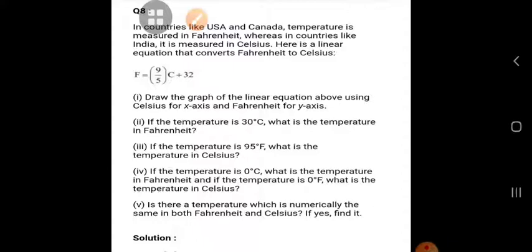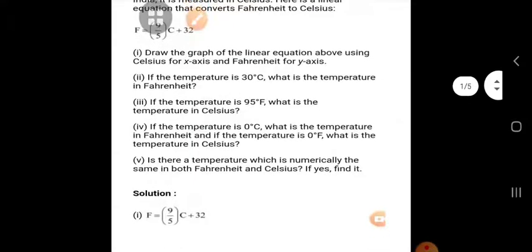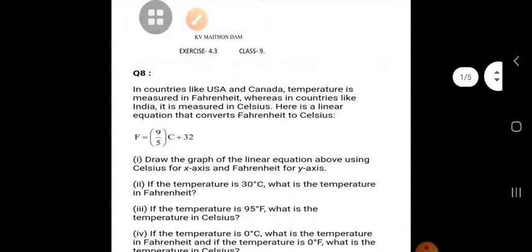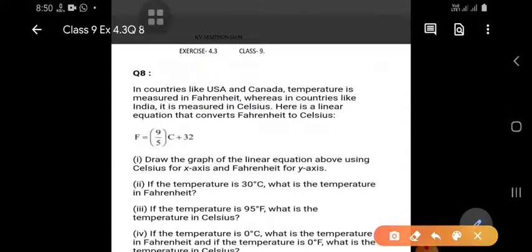If the temperature is 0 degrees Fahrenheit, what is the temperature in Celsius? Question number 5. Is there a temperature which is numerically the same in both Fahrenheit and Celsius? If yes, find it.